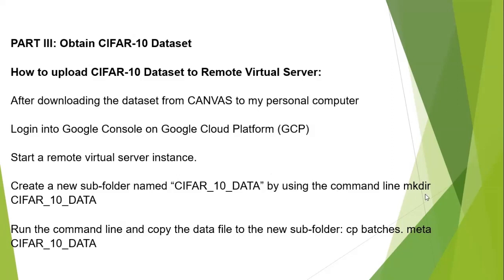We do that by using this command line, make a directory. And then we run this command to copy the data file to the new subfolder. There are about 7 files in this CIFAR 10 data, so we use the same command line to upload all the data into this new subfolder.